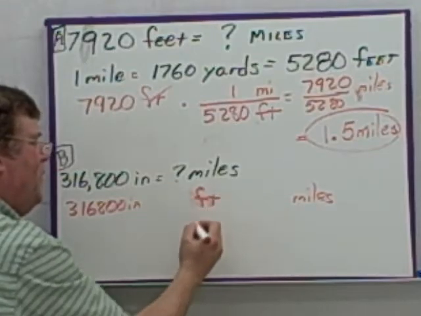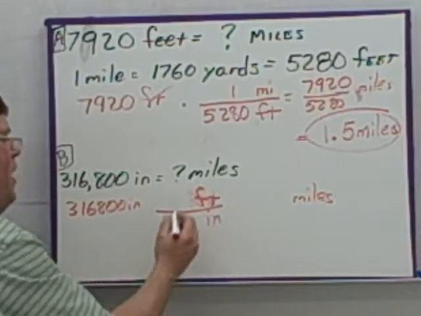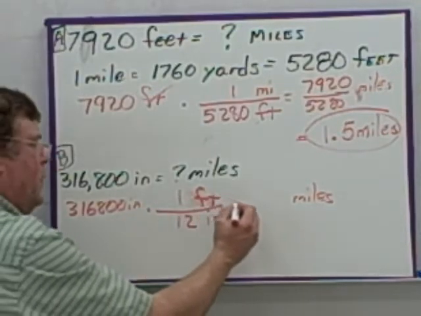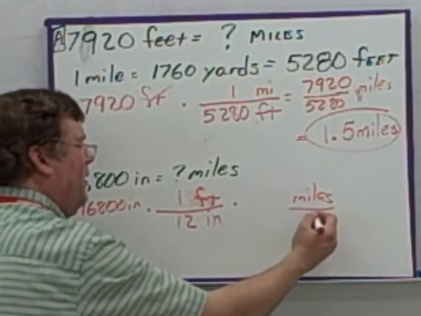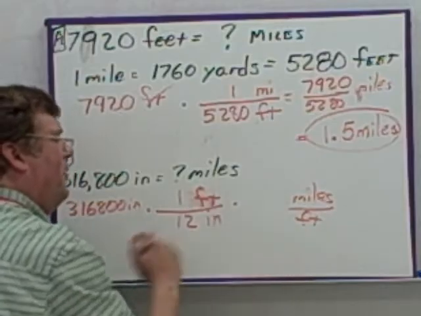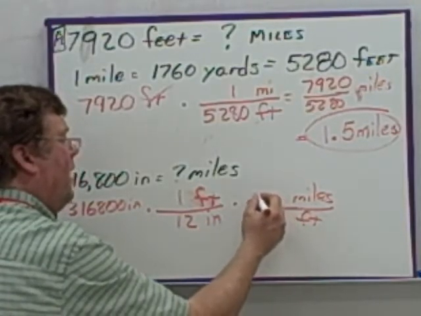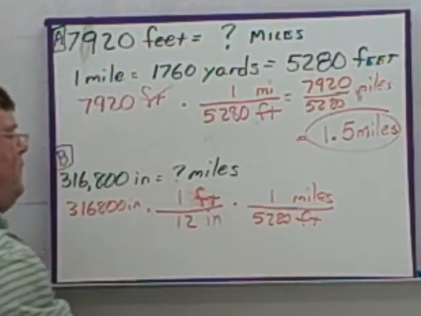We want to get the feet here first, and we want to get rid of the inches. I know that 1 foot equals 12 inches. I also want to multiply by something that's going to have miles on top and feet on the bottom to get rid of the feet that I've now introduced. So we know that 1 mile equals 5,280 feet.